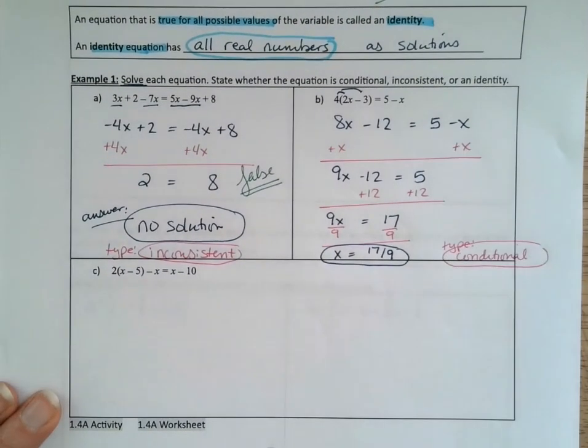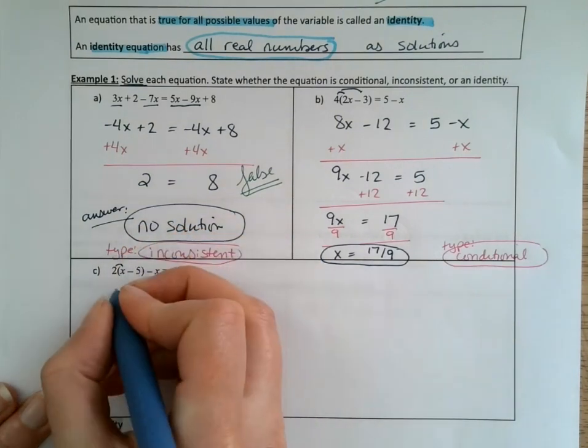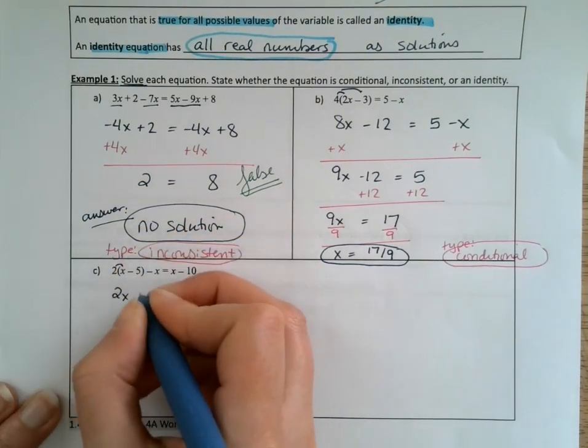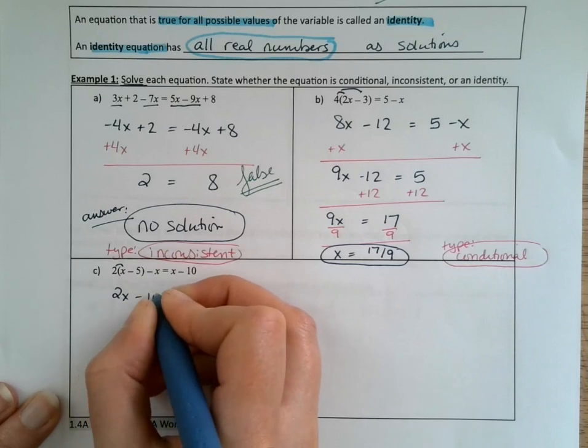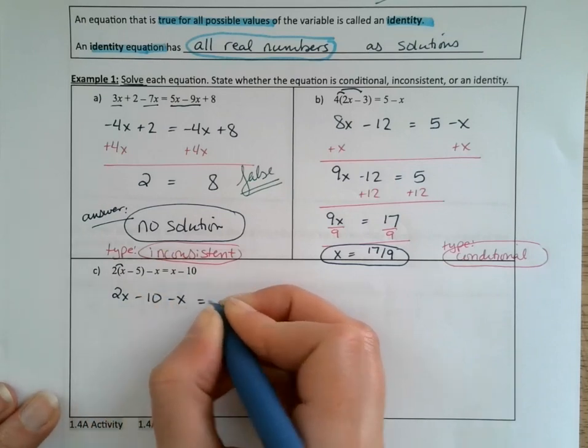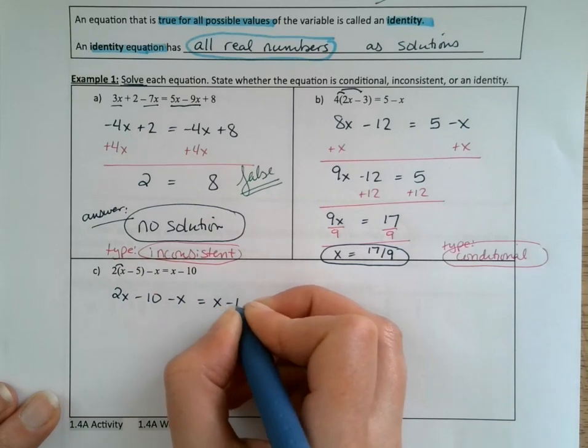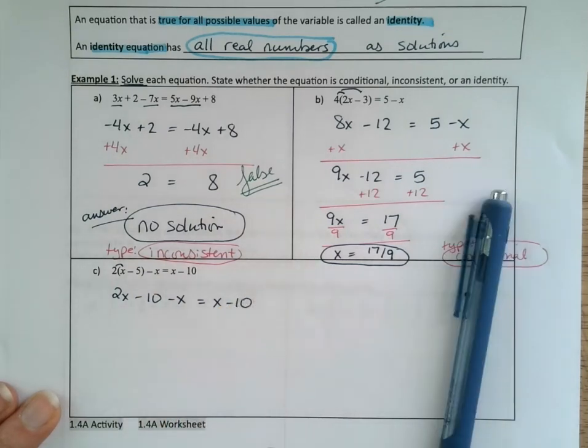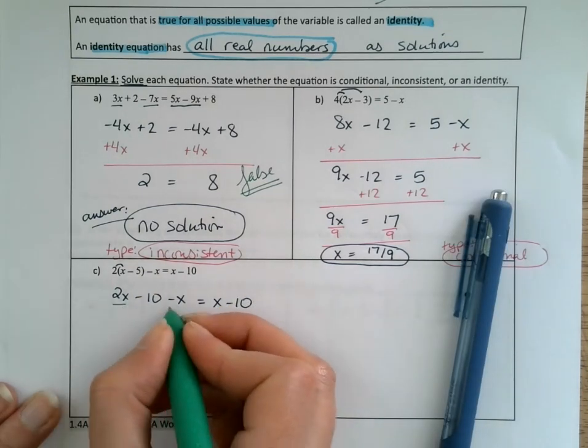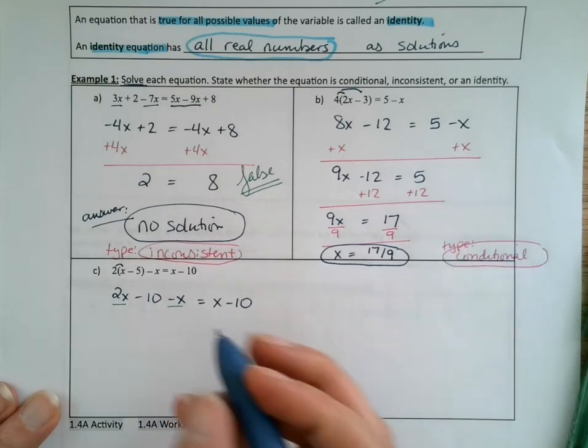Okay, I need to start here with distributing as well. So we have 2 times x is 2x, and then minus 2 times 5 is 10, minus x equals x minus 10. I have like terms on the left, 2x minus x.